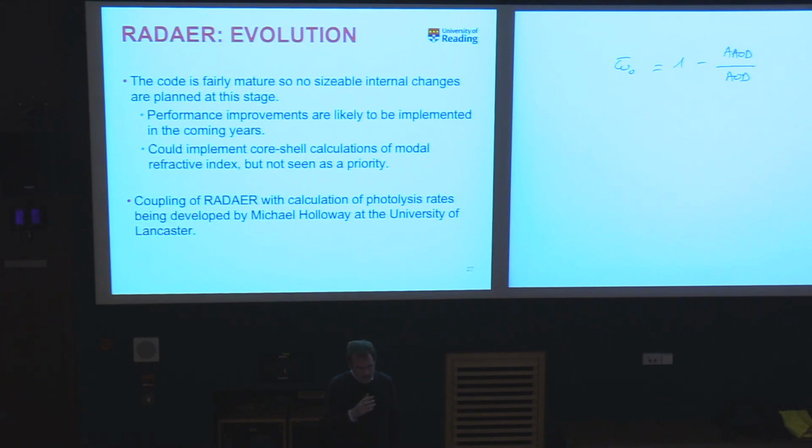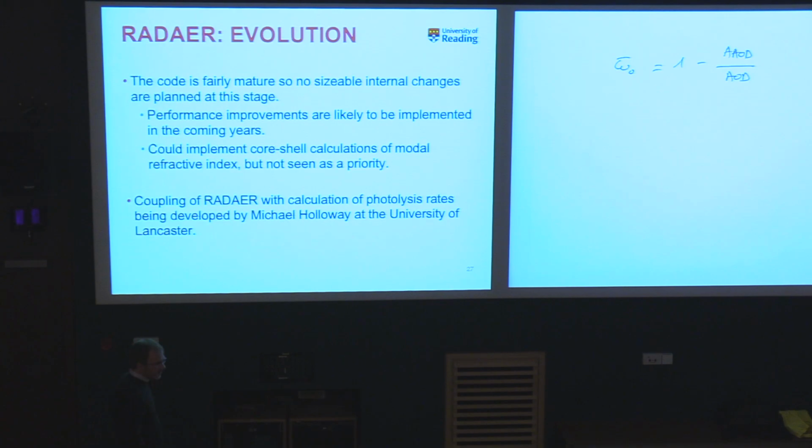So in the previous talk, you had a mention of photolysis, and photolysis rate depends on sunlight, and the level of sunlight depends on aerosol scattering and extinction. This means that aerosols have an impact on photolysis rate. That impact has long been represented in a very simplified way in the unified model.